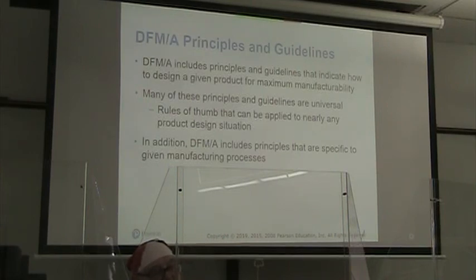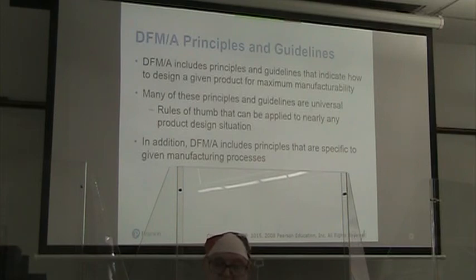I noticed that they talk about the design for manufacturing and assembly principles and guidelines without actually bringing up any of the principles and guidelines. But we certainly have these principles and guidelines that tell us how to design a given product so that it has maximum manufacturability.